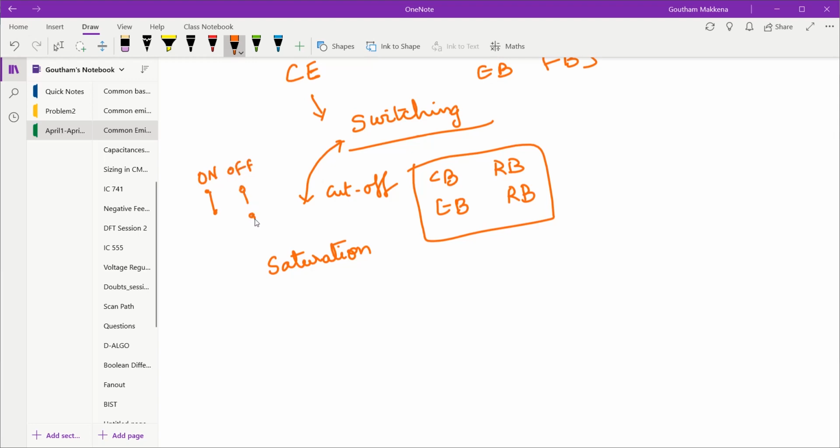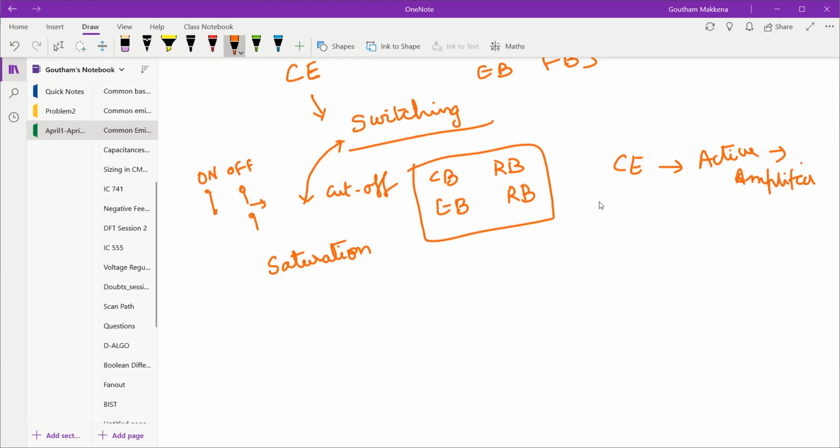That is again a lengthy discussion and is not in the scope of our syllabus, but you have to remember that the CE configuration is widely used. If you set it in the active region, it works as an amplifier, that much you have to remember.